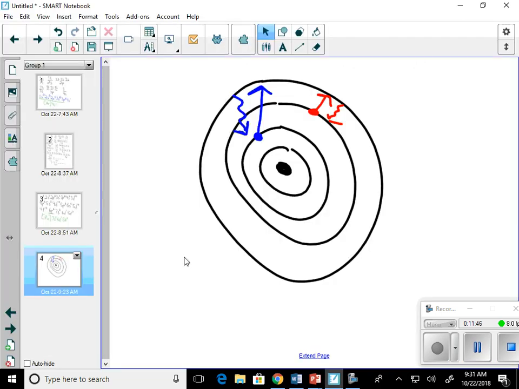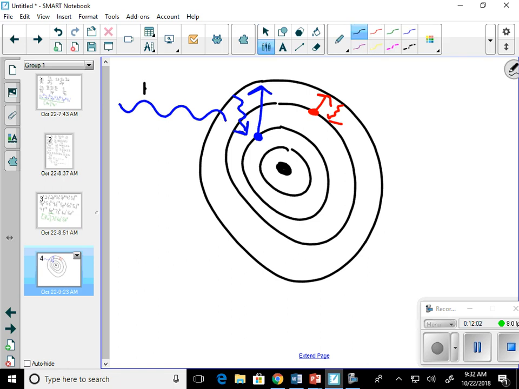Here's my board diagram. If blue light were given off during this jump and fall that I've shown on the left, waves of light would be given off. A wavelength is the distance of one wave. It could be from the peak.